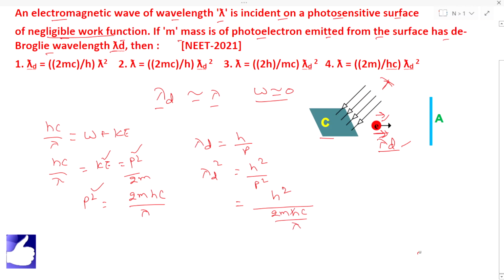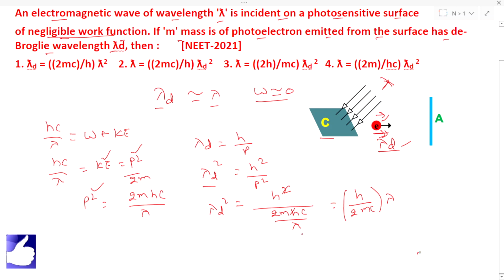This h will get cancelled, and this lambda will go up. Then what will I get? h/(2mc) into lambda, which is lambda d squared.